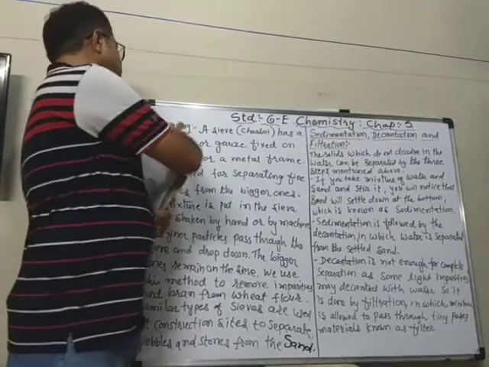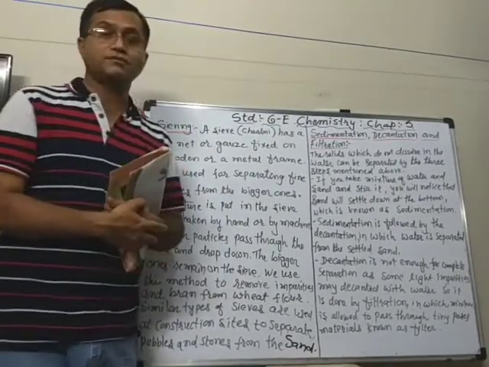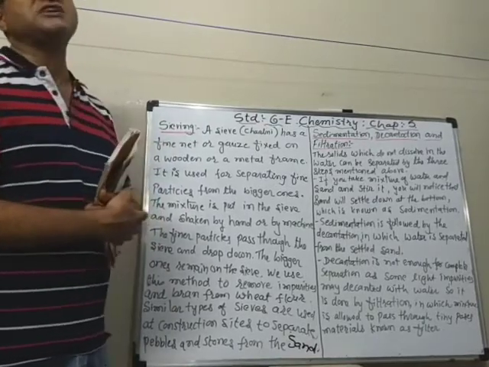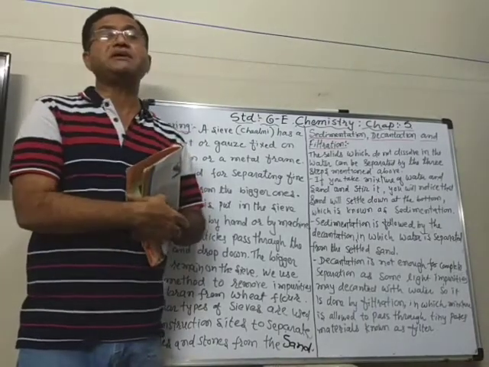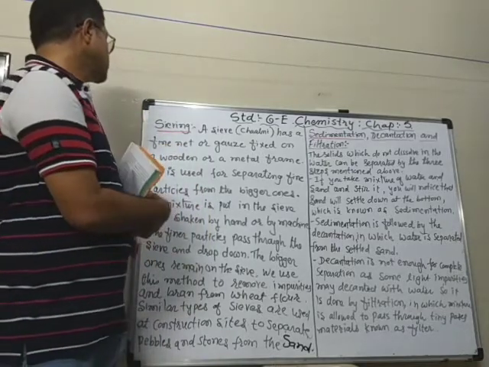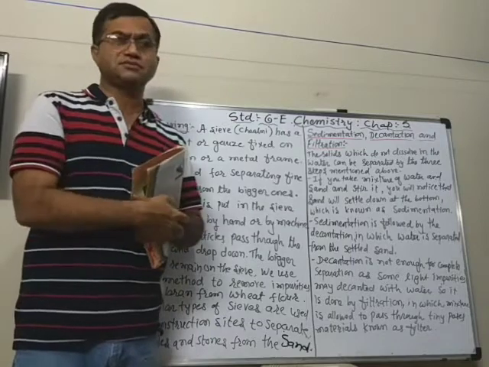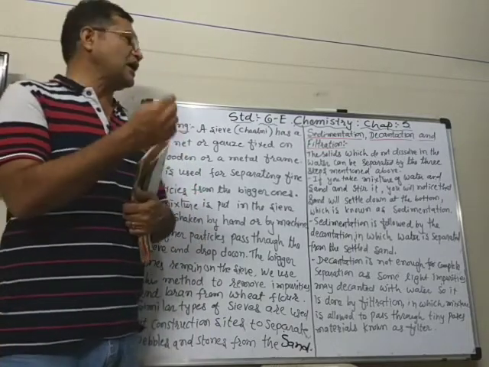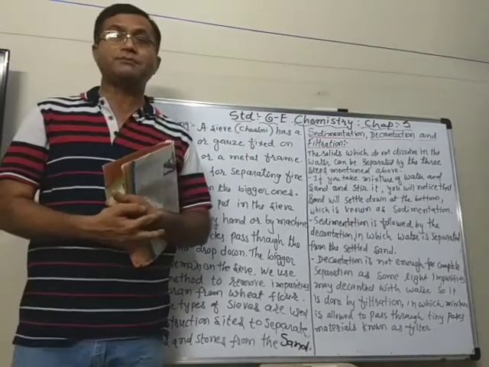So, for the method sieving, we use a sieve. Sieve means a charni. It has a net type material. Fine net or gauze, meaning wires, are fixed on a wooden or a metal frame.